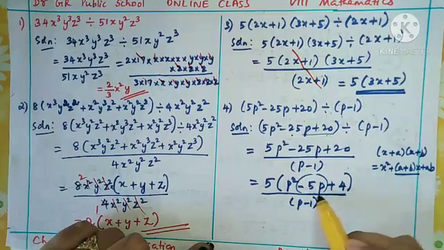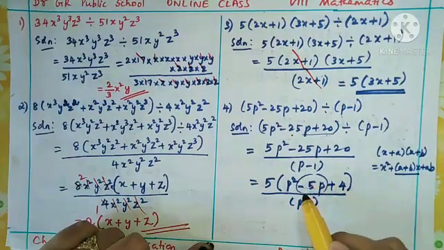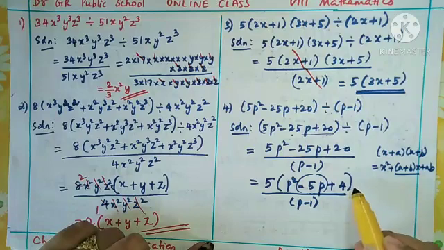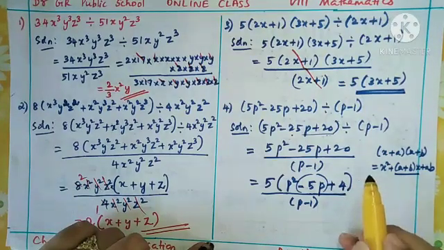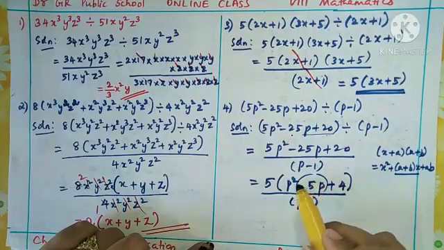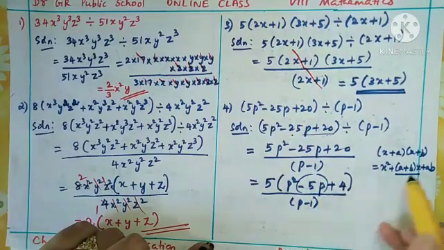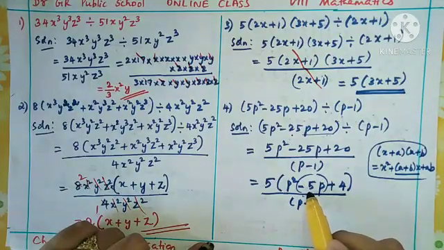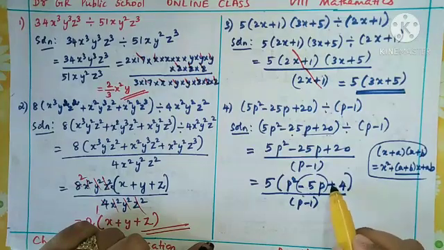So you want to select two numbers so that you can split this minus 5p, and those two numbers when you multiply you want to get this last number 4. So that is the way how to split this middle number using this identity. Okay, so here minus 5 is the middle number, 4 is the last number.